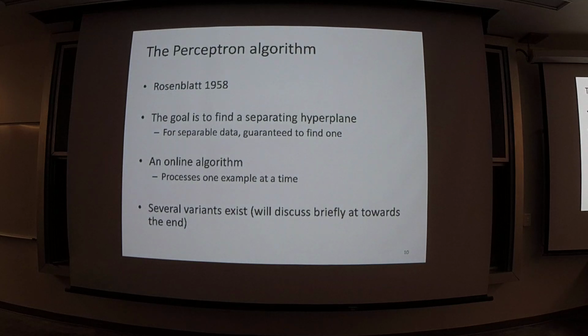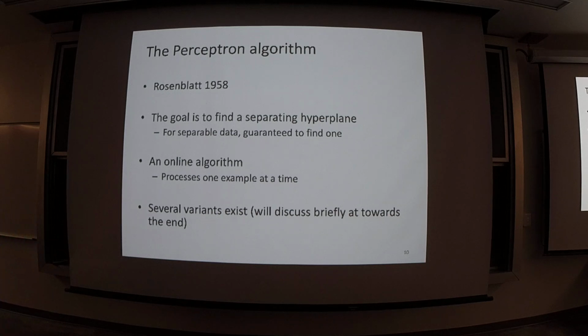But what is the essence of the perceptron algorithm? It was first proposed by Rosenblatt in 1958, more than half a century ago. The goal of perceptron is not to build some thinking machine. The goal is pretty straightforward: to find a separating linear hyperplane to discriminate positive examples from negative examples.